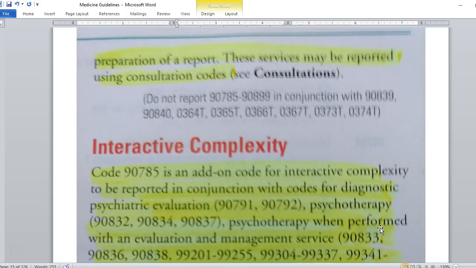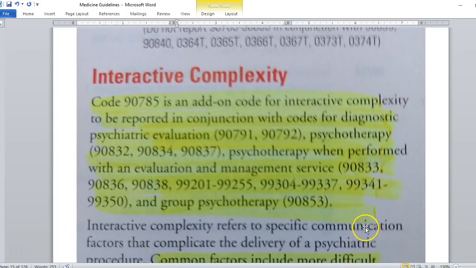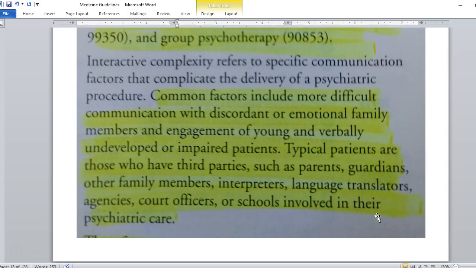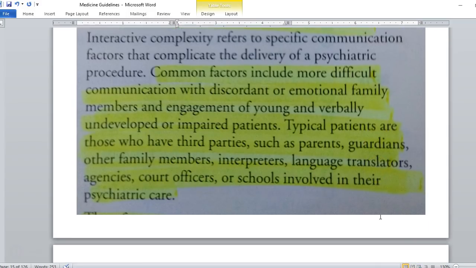Now, we have this code 90785 as an add-on code for interactive complexity, to be reported in conjunction with codes for diagnostic psychiatric evaluations, psychotherapy, psychotherapy when performed with an evaluation and management service, and group psychotherapy. So what is this? Interactive complexity refers to the specific communication factors that complicate the delivery of psychiatric procedures.